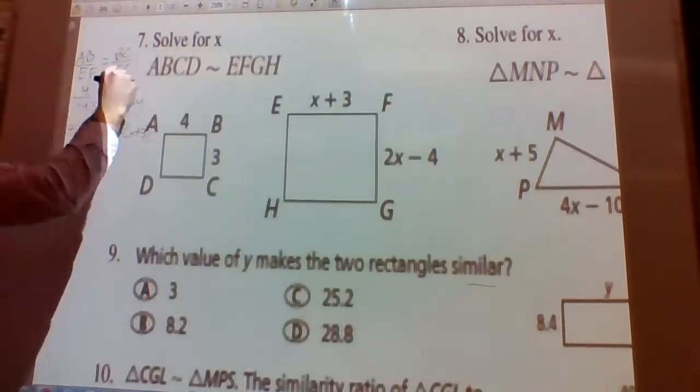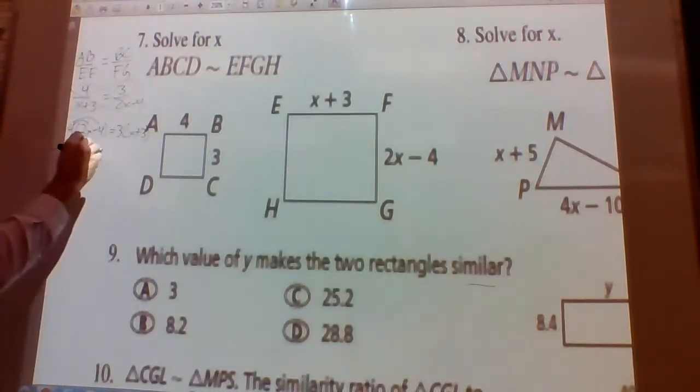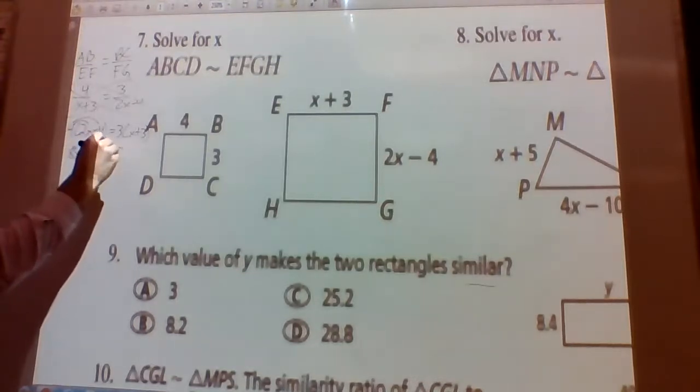When we cross multiply, distribute: 8x minus 16 equals 3x plus 9.